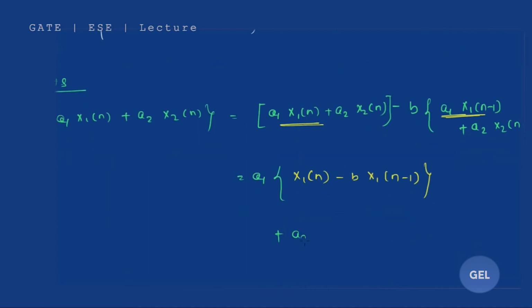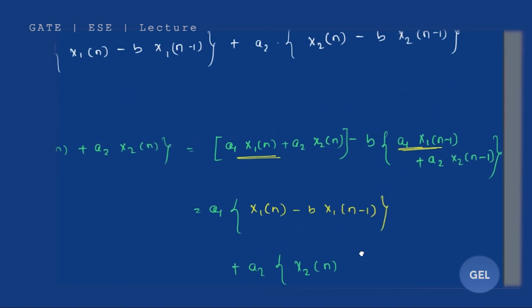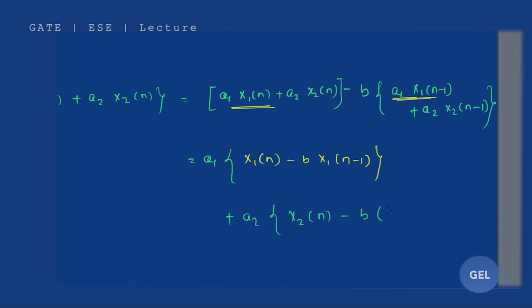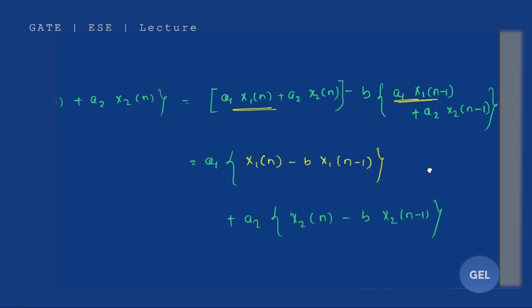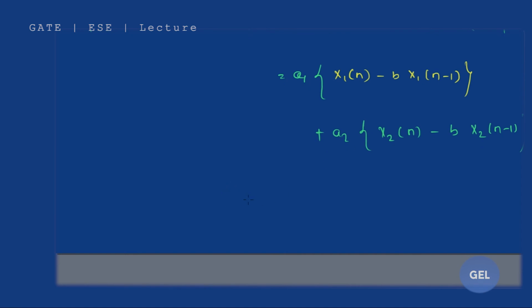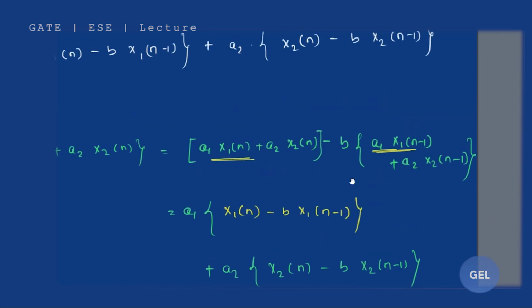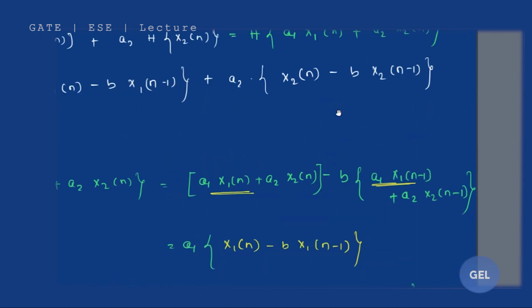Similarly, if you take a2 common, you will get x2 of n minus b x2 of n minus 1. So you can clearly see you are getting LHS equals RHS, so this is linear. Clear this concept? If you arrange it properly, you'll get the same value as the LHS.